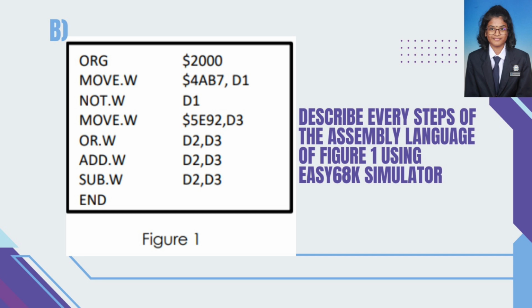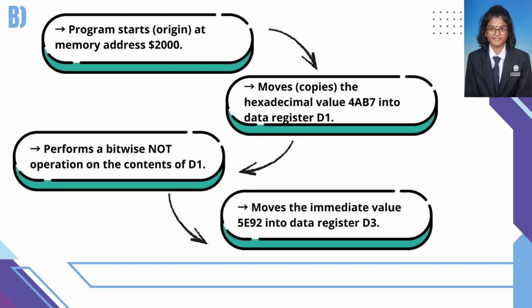Okay, so now let's move on to question 1b, which is to describe every step of the assembly language of figure 1 using the EASy68K simulator. So, first of all, the program starts at memory address $2000. Then it moves the hexadecimal value 4AB7 into the data register D1. Later on, it performs a bitwise NOT operation on the contents of D1.